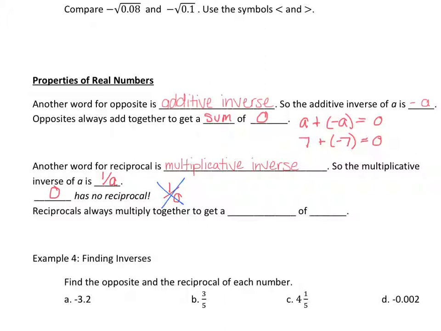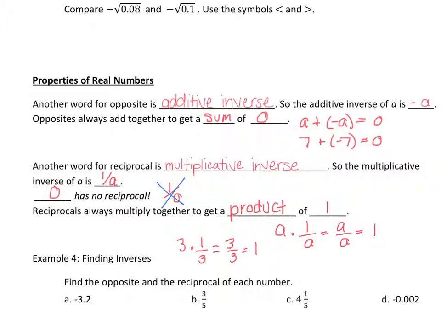All right, reciprocals always multiply together to get a product of what? 1. 1 is correct. Okay, so A times 1 over A is just A over A, which reduces to 1. We can take, let's see, like 3 times 1 over 3 equals 3 over 3, which is 1.